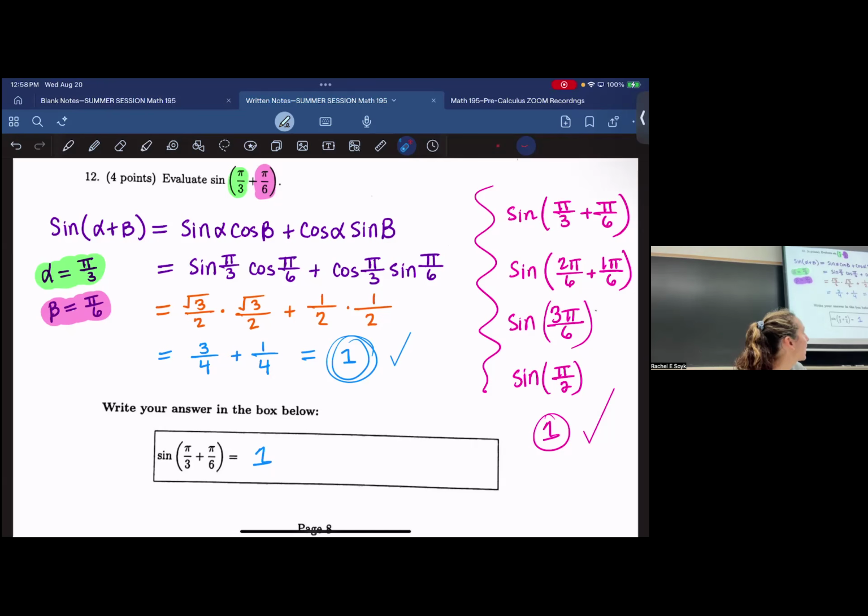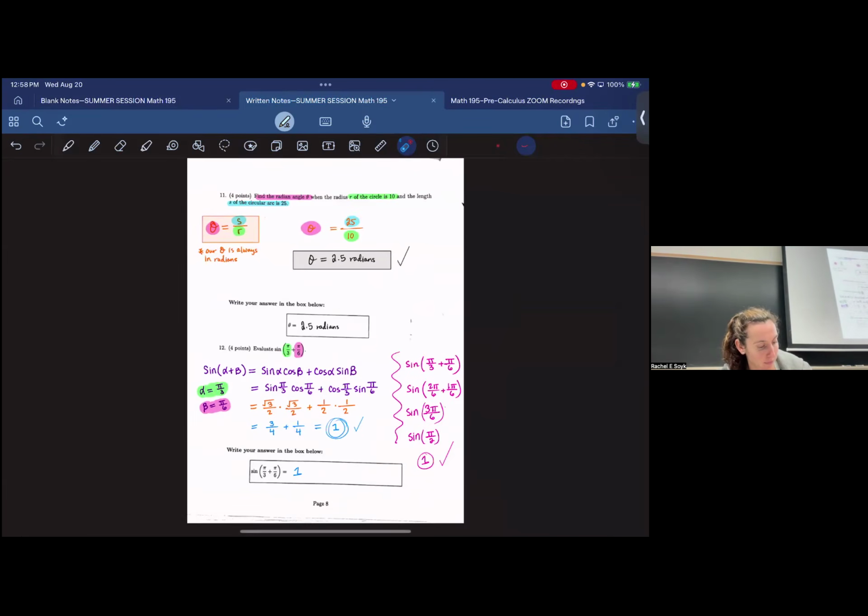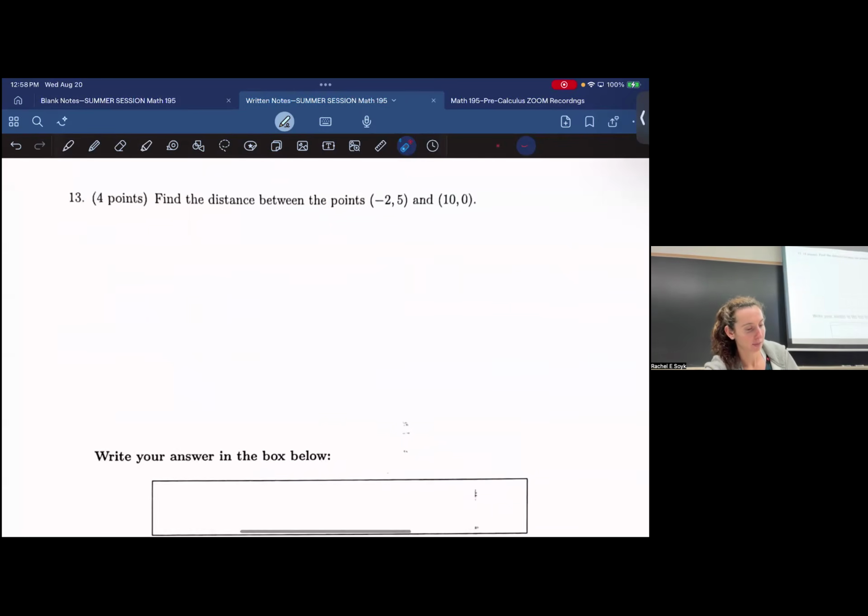But let's say you were given, in degrees, sine of 15 degrees. I don't know sine of 15 degrees. I'm going to have to use my sum and difference formulas to do 45 minus 30 degrees, because I know sine of 45, I know sine of 30. I can use my sum and difference in order to solve sine of 15 degrees.